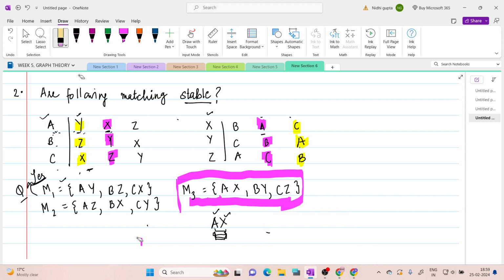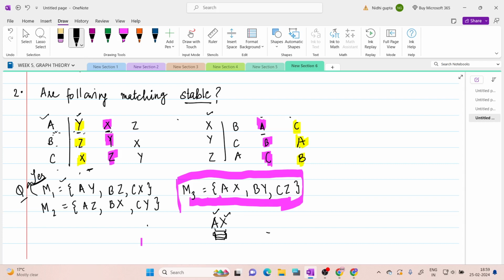We'll see. What about AY? Is AY a blocking pair for M3? A prefers Y, but Y prefers B. So AY is not a blocking pair, right?